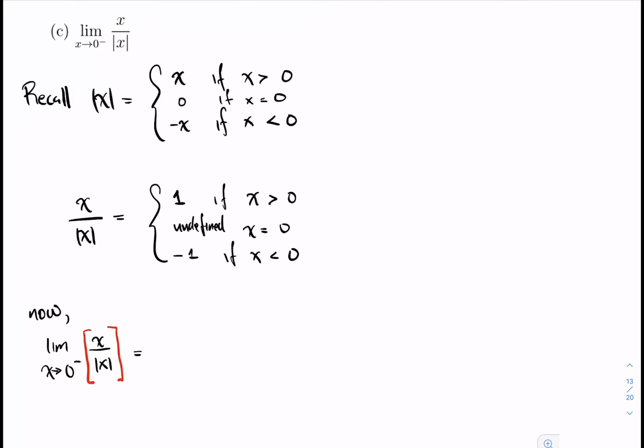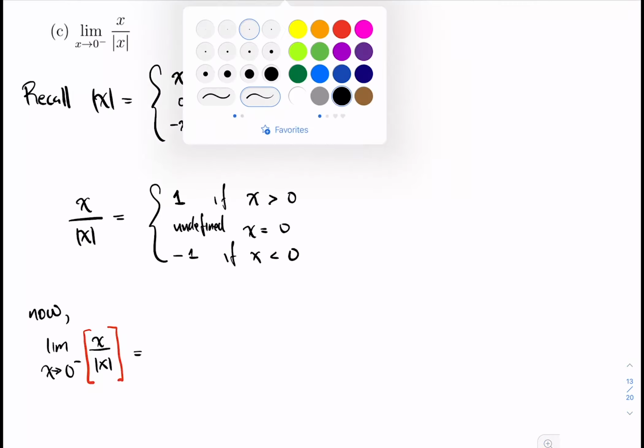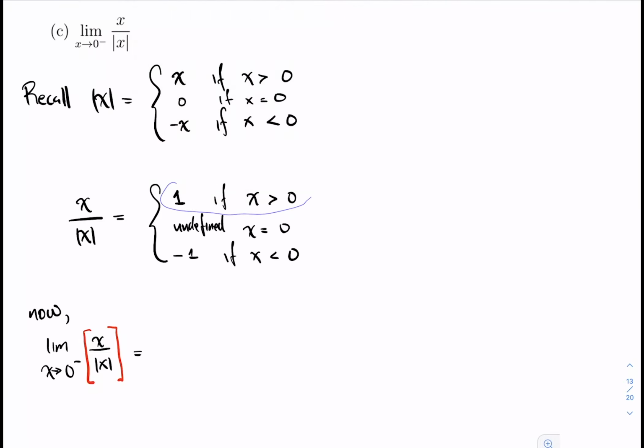From the left, we have to figure out which one of these functions it is going to be: 1 if x is greater than 0, or -1 when x is less than 0. We have to think about what it means when we say we are approaching x equals 0 from the left and approaching x equals 0 from the right.